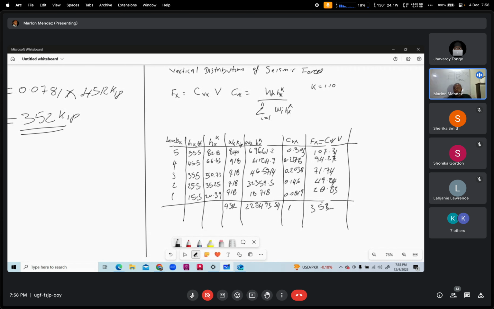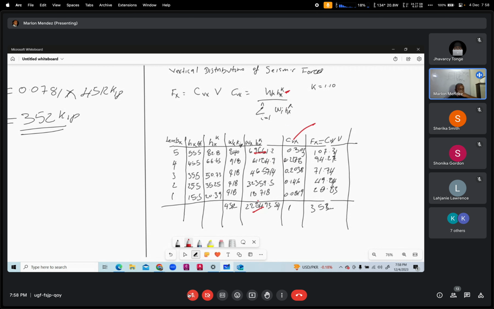All right. So the formula for the Cvx, let me just define it here. This is this, which is this divided by the summation of that. You get it? So each line you go into, you divide it by the summation of the loading.